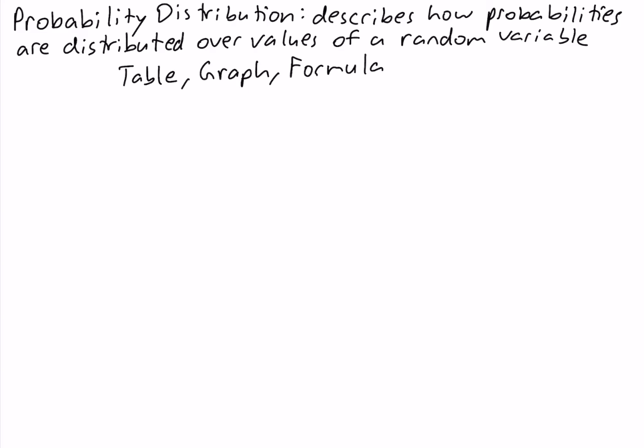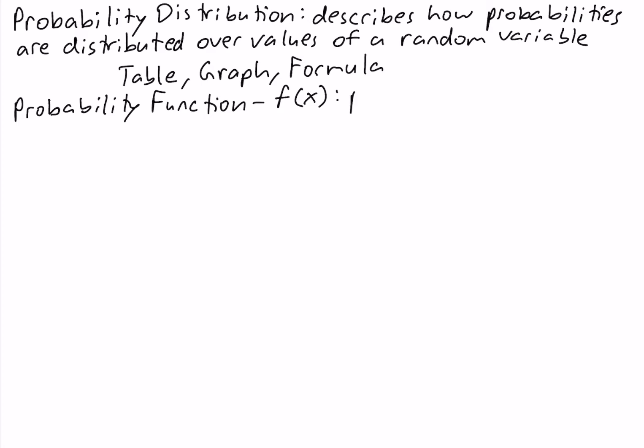Now, the probability distribution of a discrete random variable is defined by the probability function, written f of x.